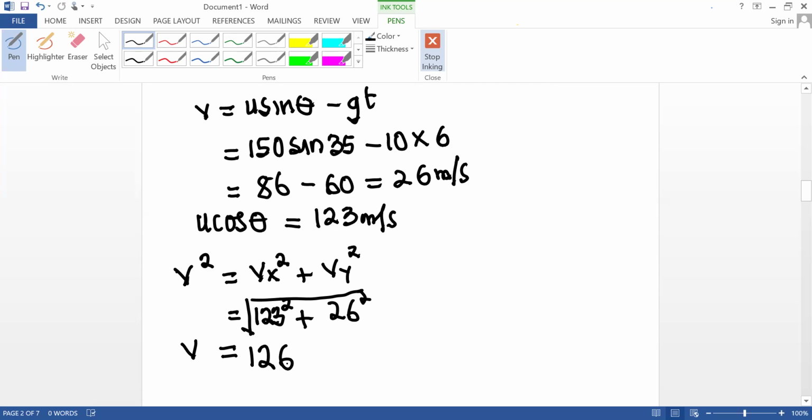Let me confirm because I'm getting different answers. So I'll confirm shortly and get back to you. 123 squared plus 26 squared. I'm also getting approximately 126 meters per second.